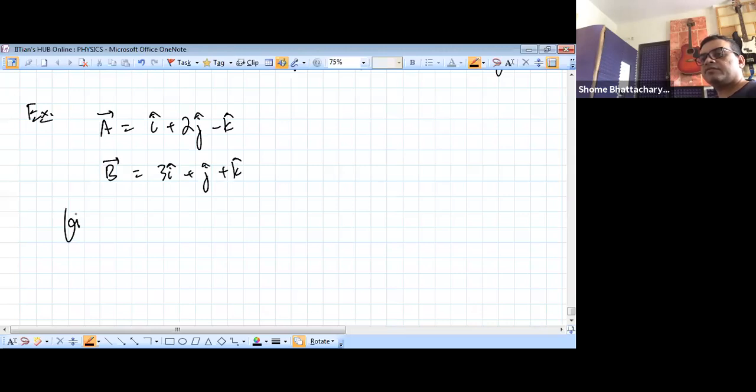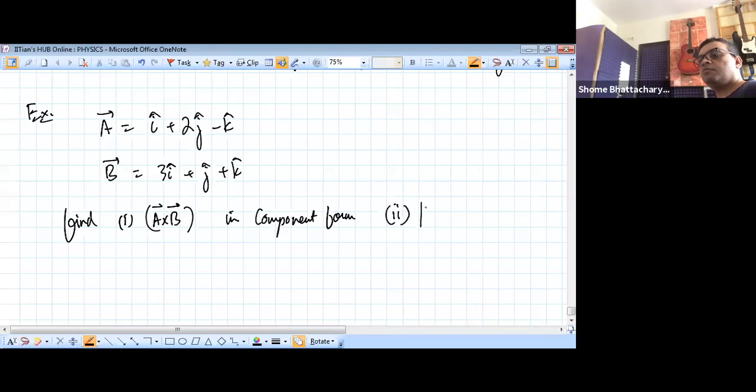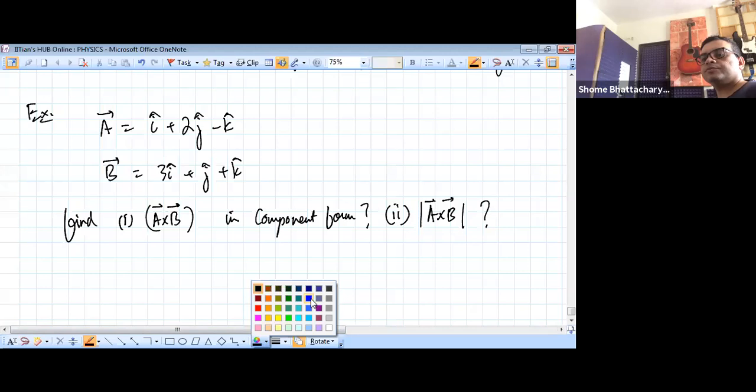And I say that find A cross B in component form, and secondly, magnitude of A cross B. So here's how we solve the problem.